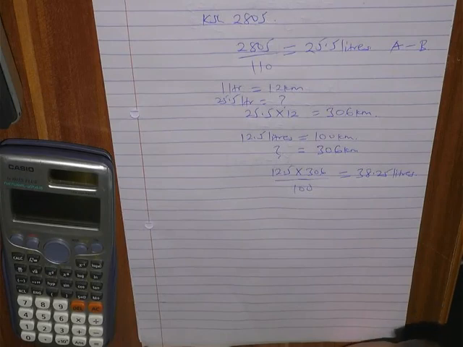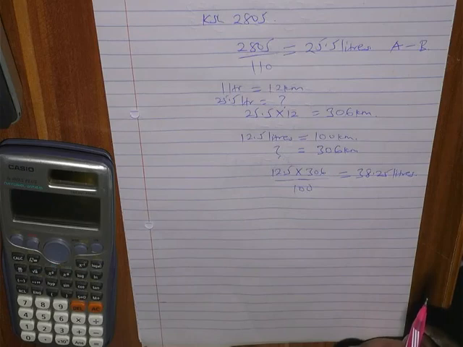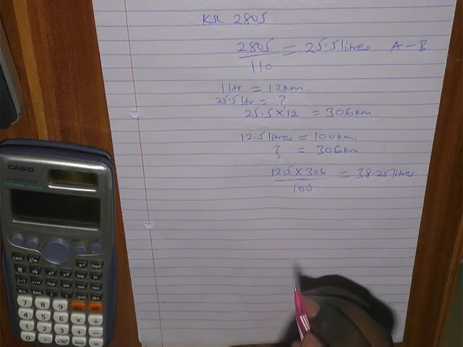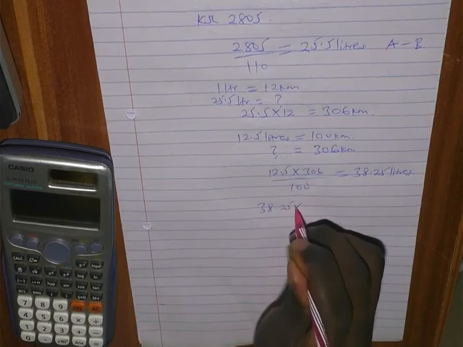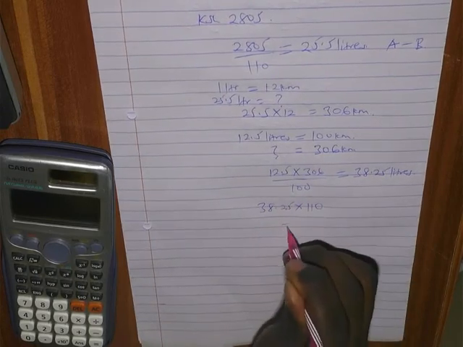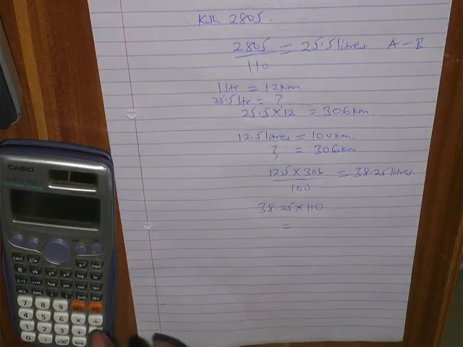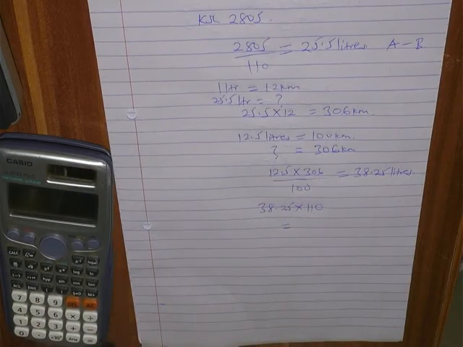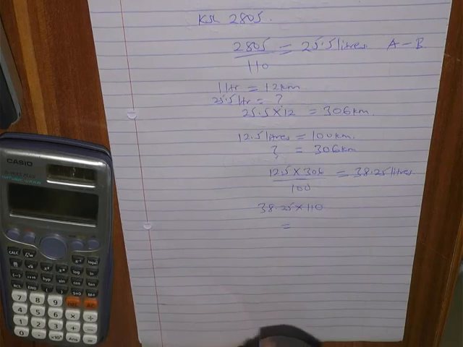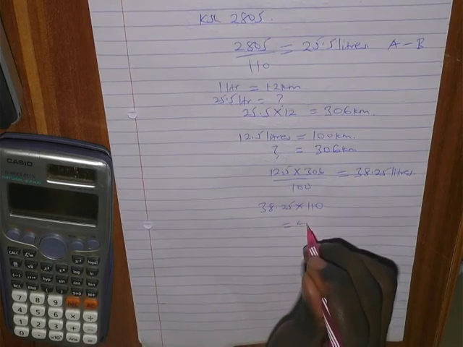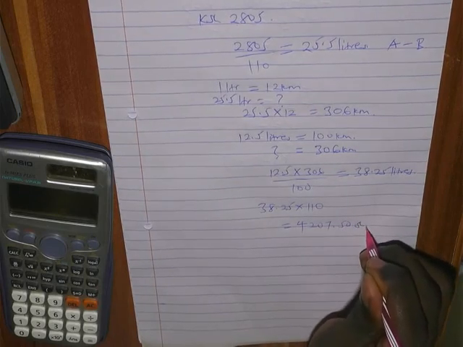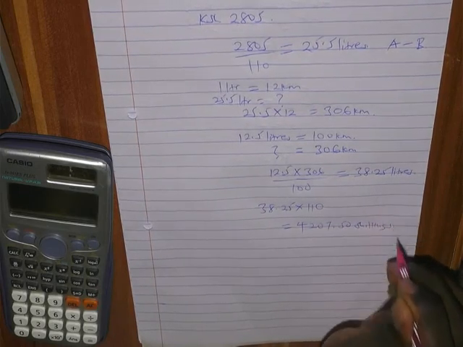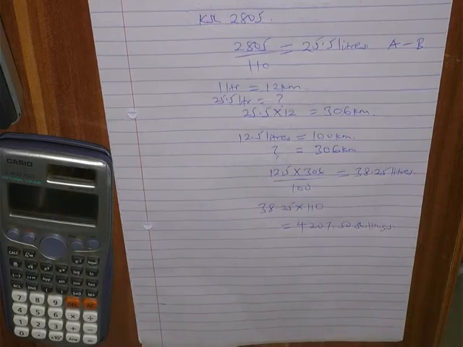It seems like it's a heavy car. And we know each liter costs 110 shillings. So we take 38.25 multiplied by 110. That gives us 4,207.50 shillings. Okay, so that's how you do that.